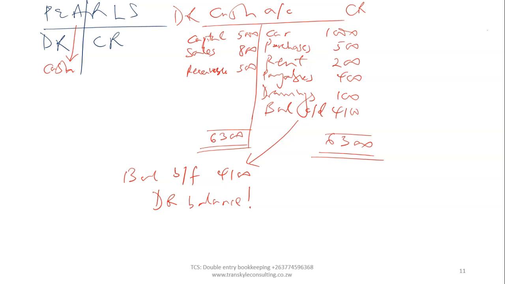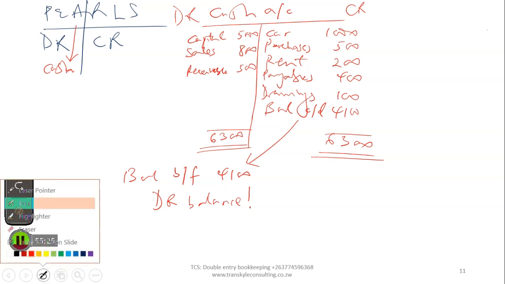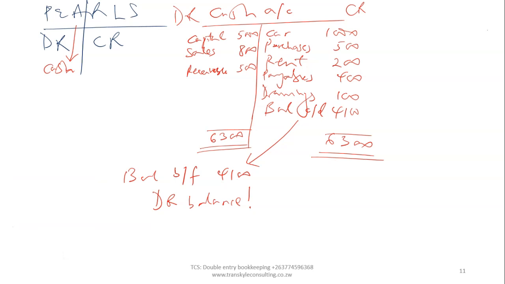Let's say in this case, the debit side, when you were doing your casting, you discover that the debit side was 6,300, but this side was, let's say, 2,000. So the examiner might ask, where should the balance of this account be?